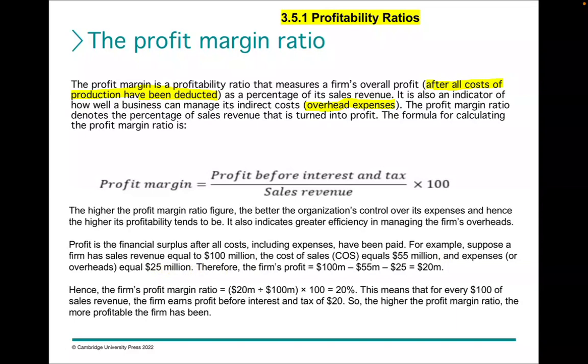So when you take both of these together, you've got 55 plus 25, and you're left with 20 million. So 20 million over 100 times 100, and you're left with a figure of 20%. That means for every $100 of sales revenue, the firm earns a profit before tax and interest of $20. So the higher the profit margin ratio, the more profitable a firm has been.